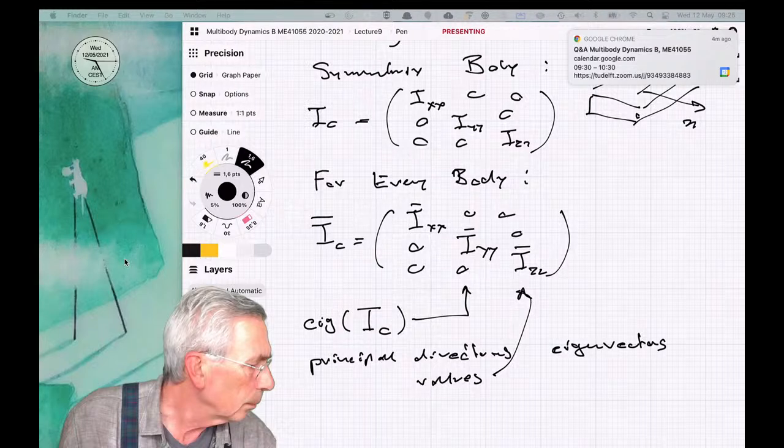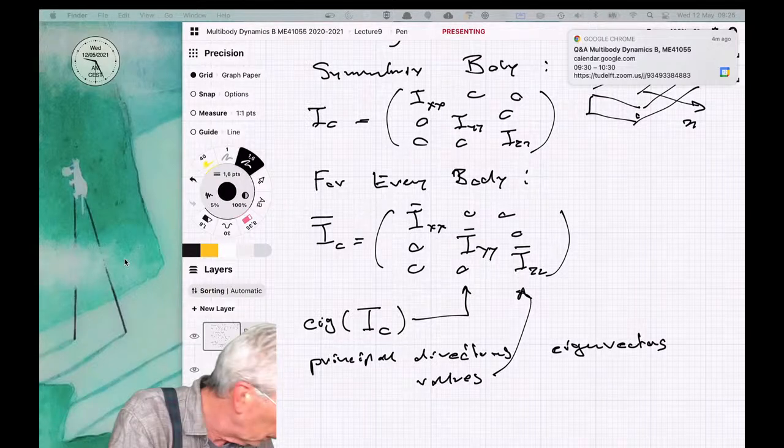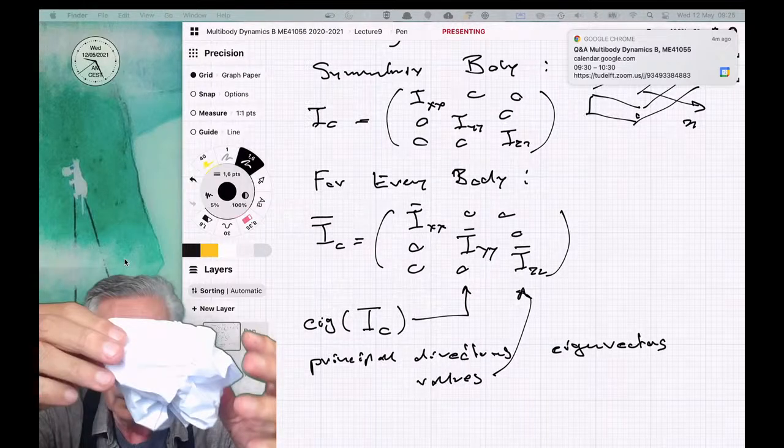Most bodies have some symmetry, and if you have one symmetry, already two things go away. I have an irregular body here. How irregular can it get? This is a very irregular body, and if you calculate all these terms, you get a totally filled matrix.